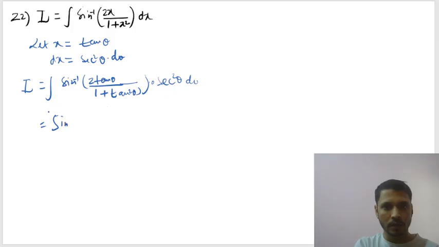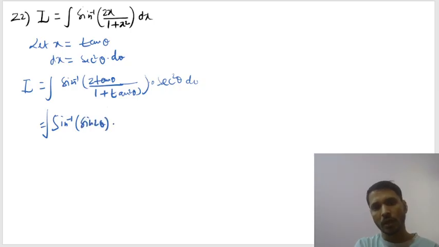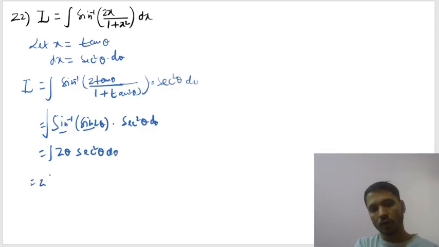So it becomes the integration of sine inverse of sine 2 theta into secant square theta d theta. So sine and sine inverse will cancel and become 2 theta, into secant square theta d theta. So finally we can take this 2 outside, and theta is the first function.